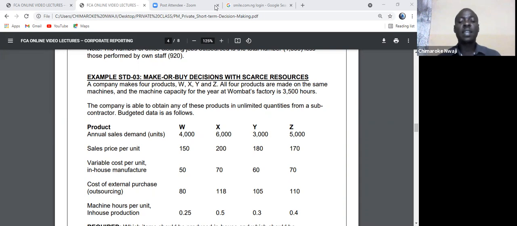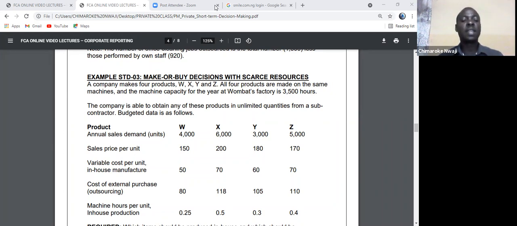So you can see clearly that the external price is higher than the variable cost of doing it. So it means that it's going to be cheaper doing it yourself. The only reason why you are now outsourcing is because of scarce resource. Now look at the machine hours per unit.